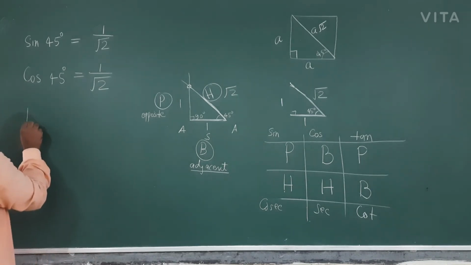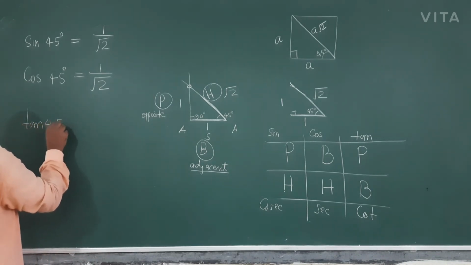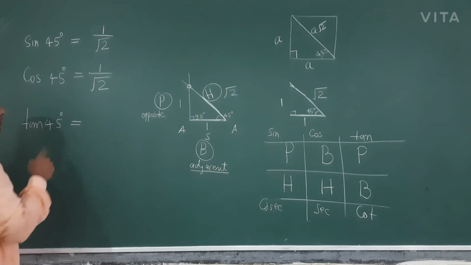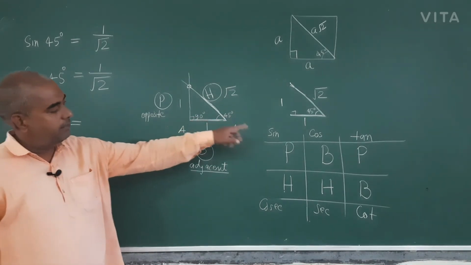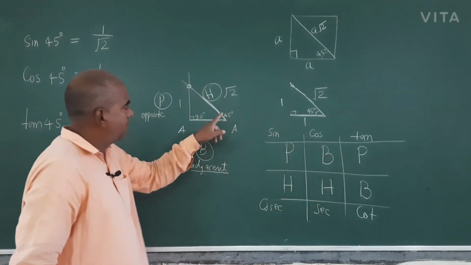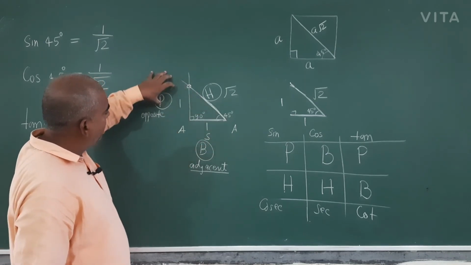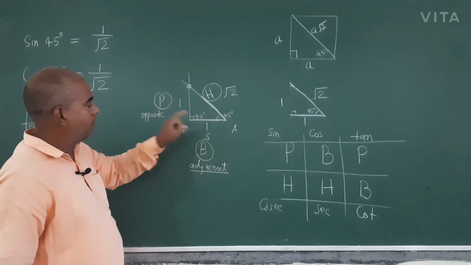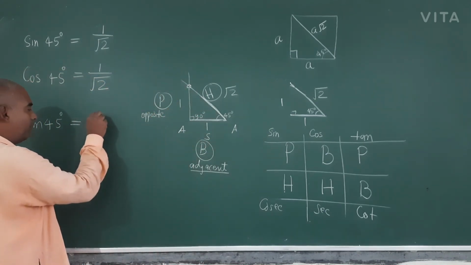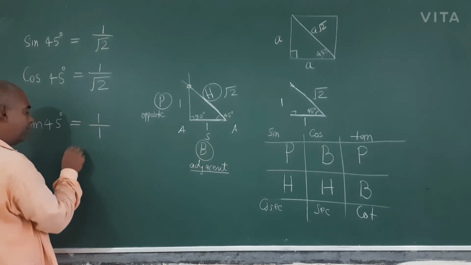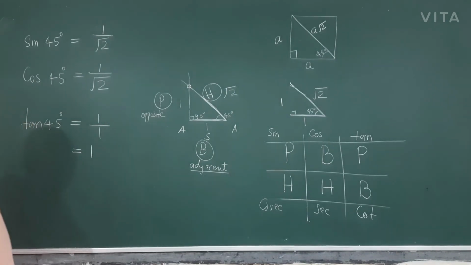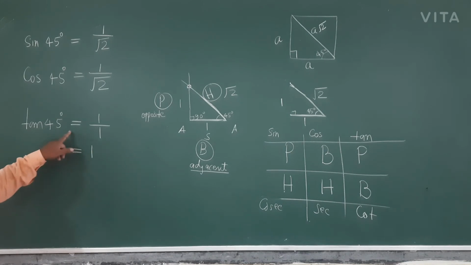The interesting one is tan 45. Tan means perpendicular by base, 1 upon 1, which is actually 1. This is tan 45.